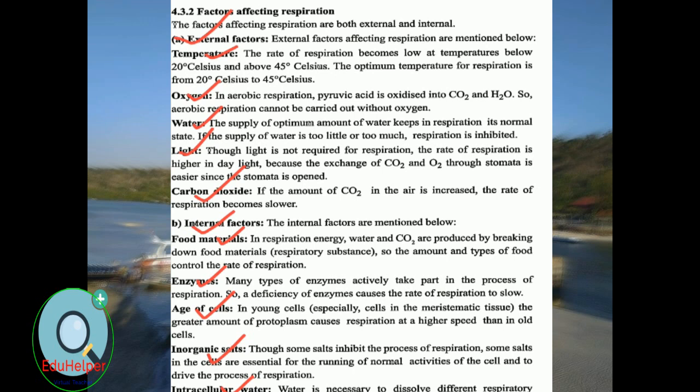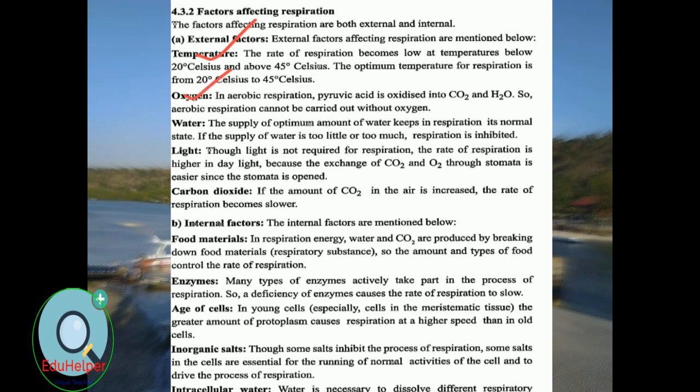Temperature is one of the vital factors affecting respiration. Temperature affects the activities of enzymes. Optimum temperature is around 20 to 30 degrees centigrade. At a high temperature, the rate of respiration declines with time, and at a very low temperature, the respiration rate is insignificant.